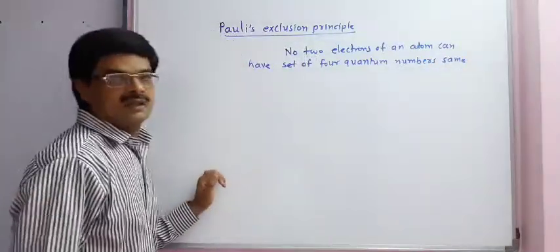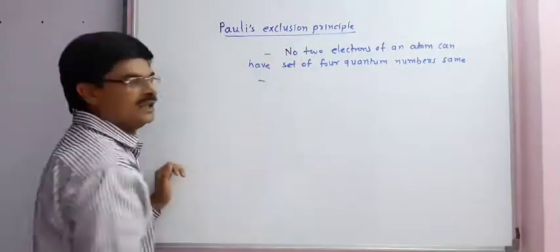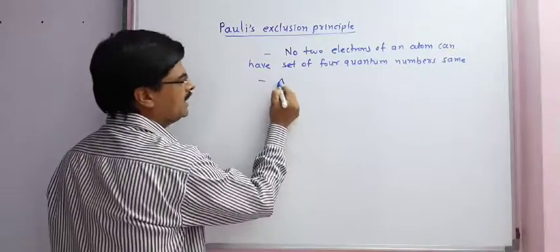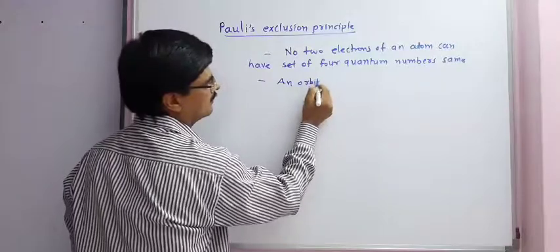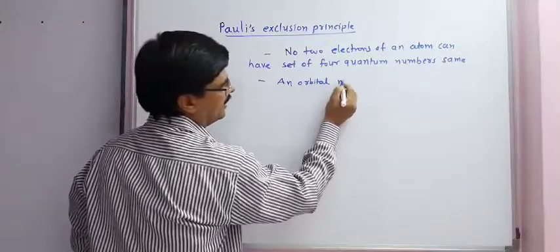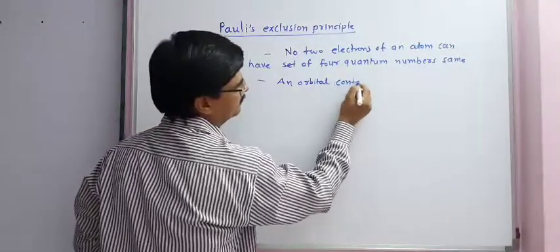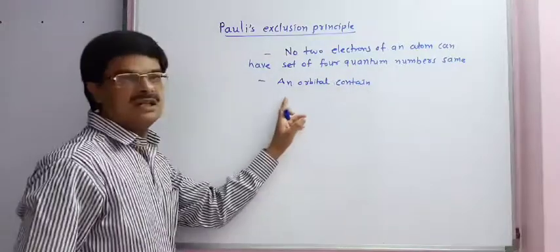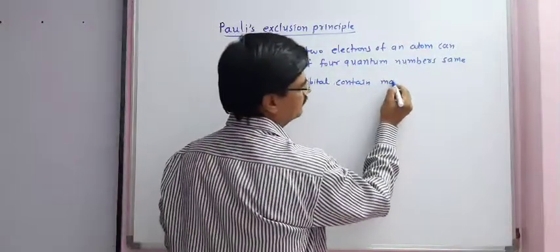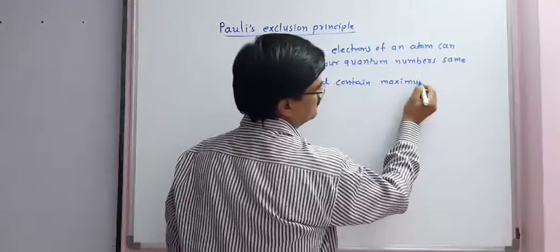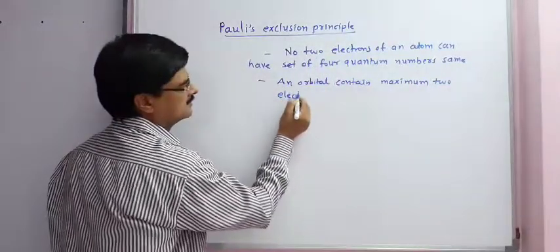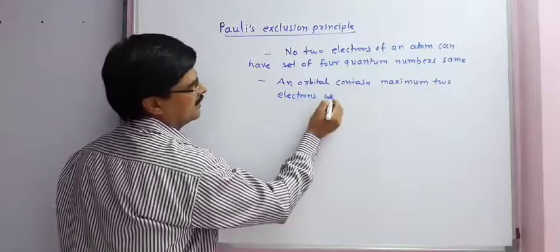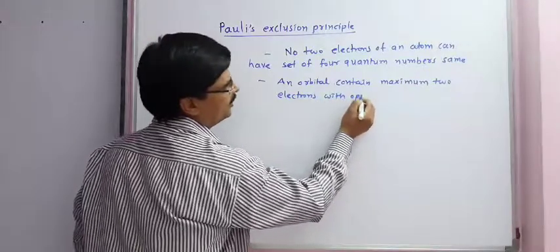It means we can say in another manner, an orbital can contain maximum 2 electrons with opposite spin.